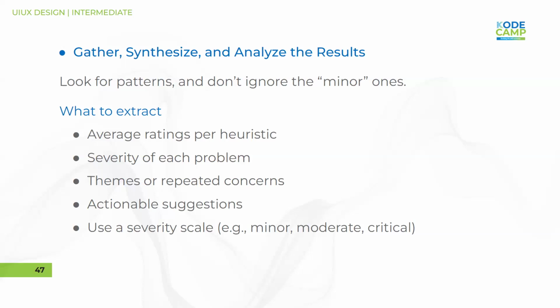So extract average rating per heuristic, a list of problems, themes or repeated concerns, and actionable suggestions, using a severity scale. That could be, for example, minor, moderate, critical. Is the problem that I have analyzed or evaluated a minor problem?